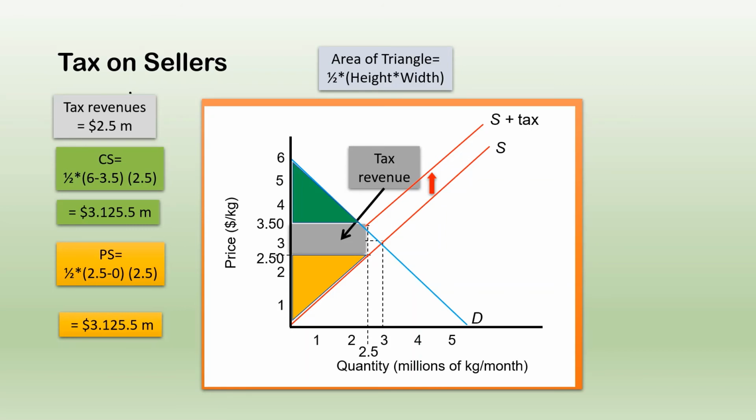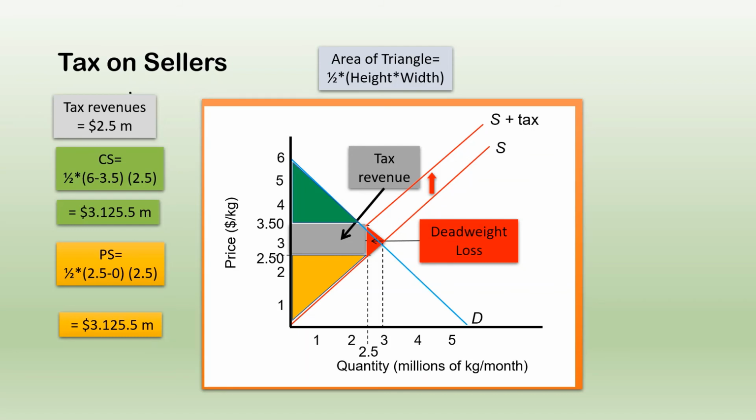Okay, now what is this small triangle? You know that it is actually the deadweight loss, or the loss in efficiency.